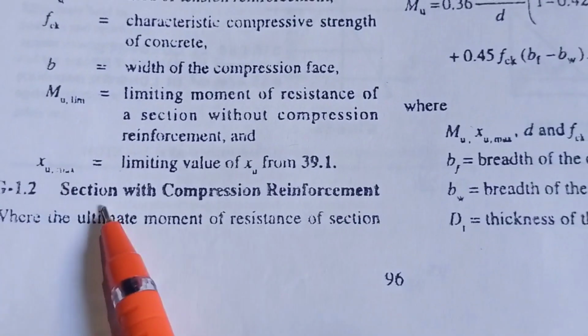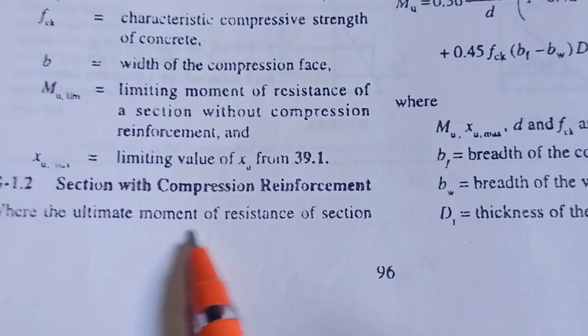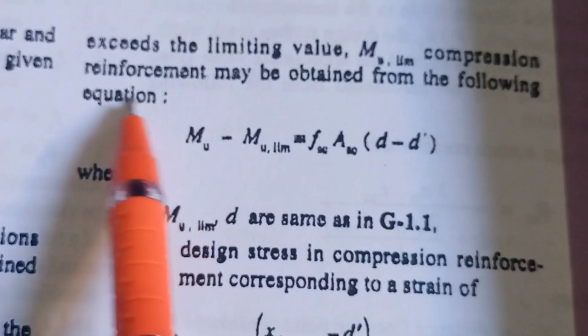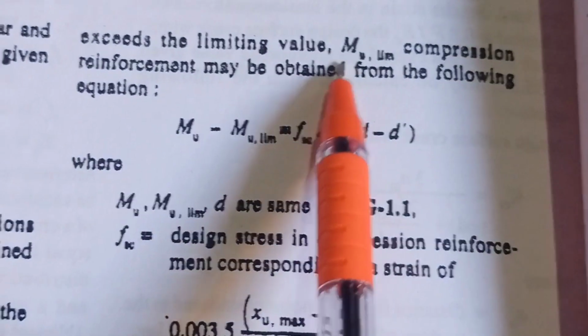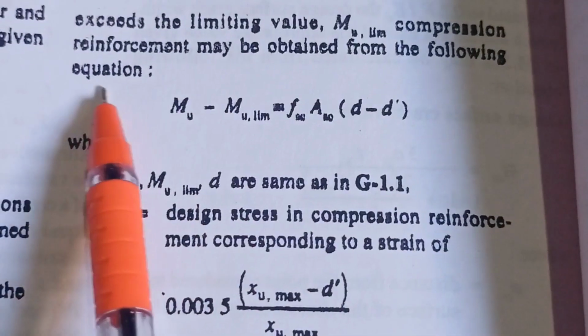G 1.2 says: section with compression reinforcement, where the ultimate moment of resistance of section exceeds the limiting value Mu limit, compression reinforcement may be obtained from the following equation.